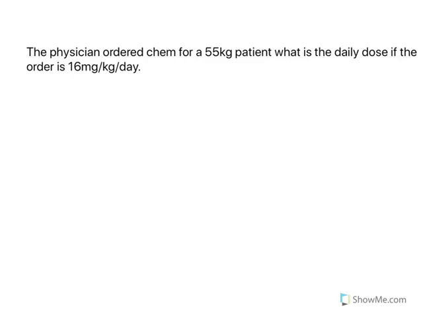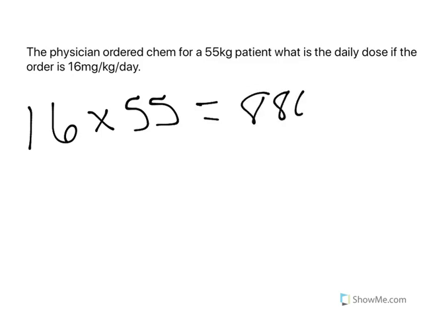So we're going to multiply 16 milligrams times 55 kilograms. And we're going to get 880 milligrams per day. That is going to be the daily dose for this patient.